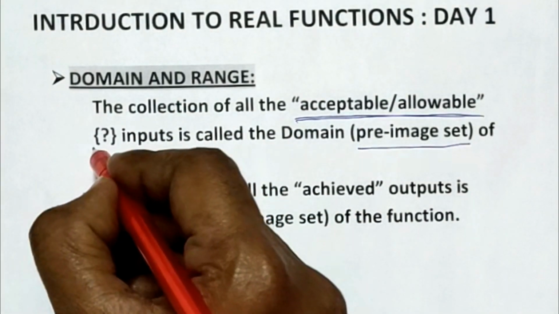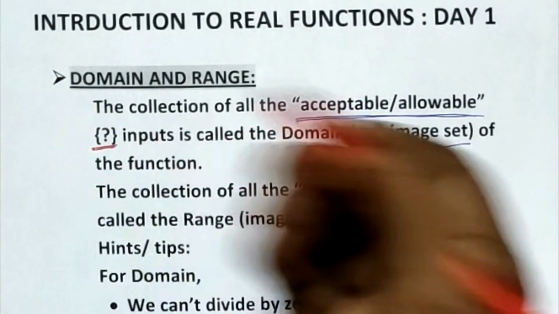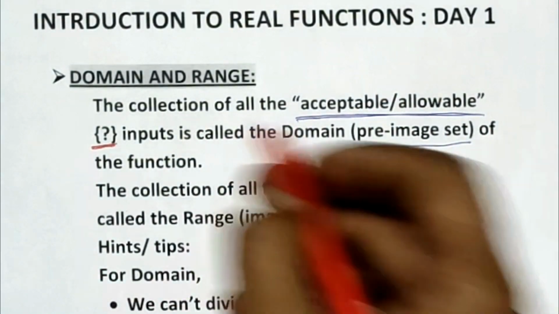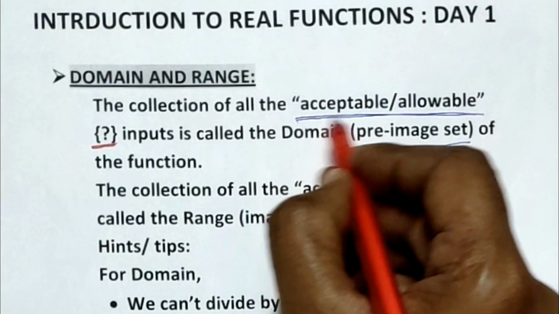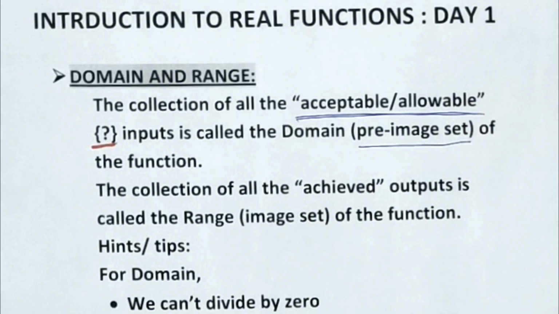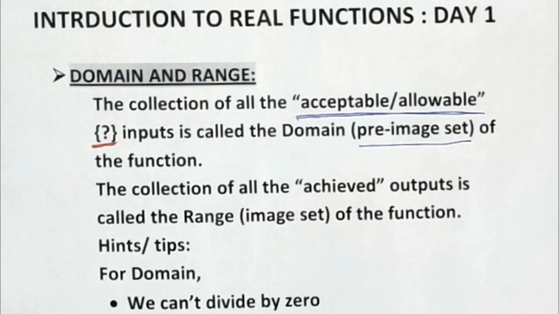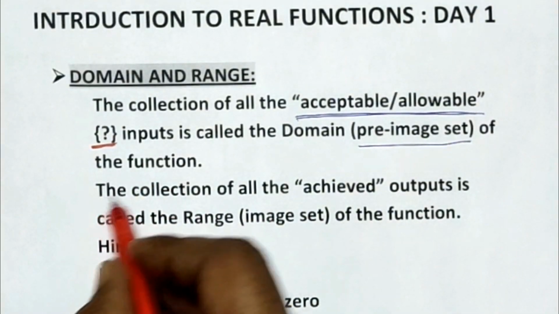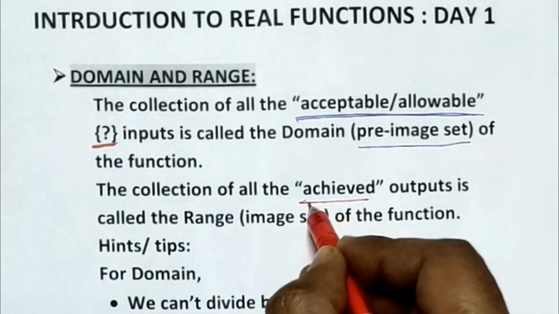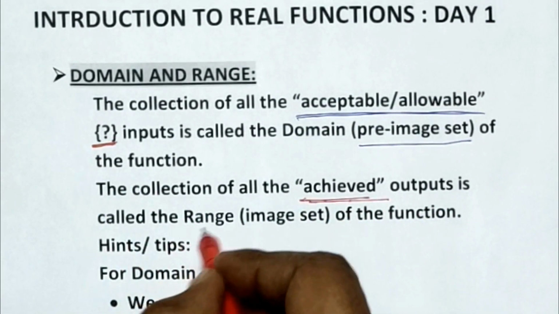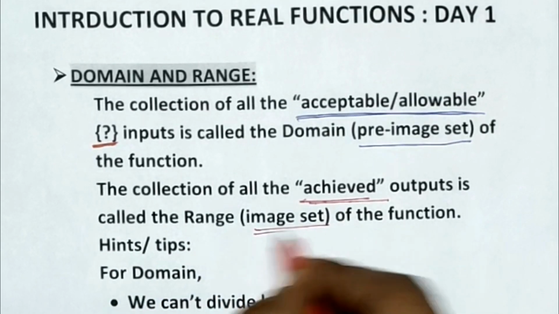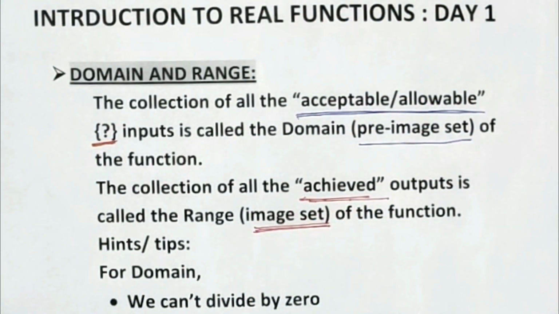Here I give the question mark. Why? The collection of all the acceptable or allowable inputs. What is an acceptable input? We'll discuss later. The collection of all the achieved outputs is called the range or image set of the function. Let's explain what is an acceptable input and what is an achieved output.